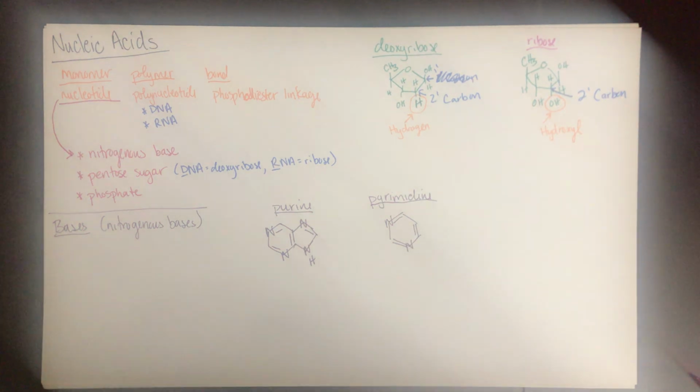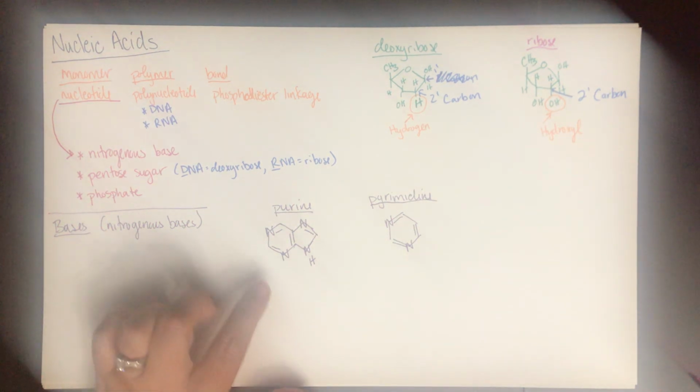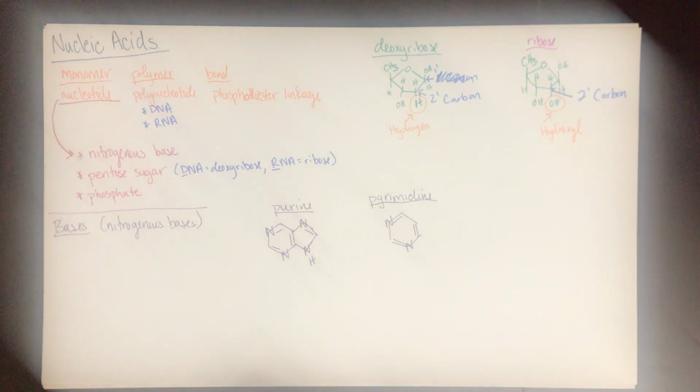So these are called heterocyclic. Hetero meaning there's carbons and nitrogens in the rings. So there's purines and pyrimidines. Of the purines, there are 2 different bases. There is adenine and guanine.